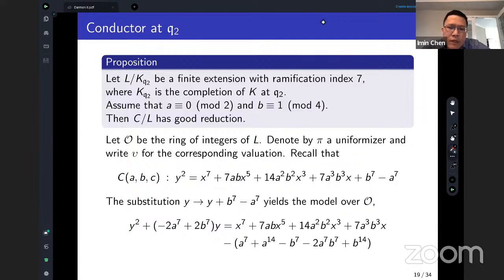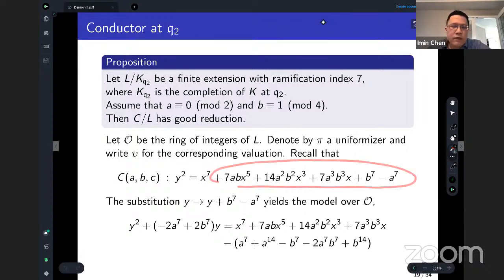So we proceed in perhaps a more ad hoc way, but it is a technique that is fairly efficient for computing conductors of hyperelliptic curves in families.